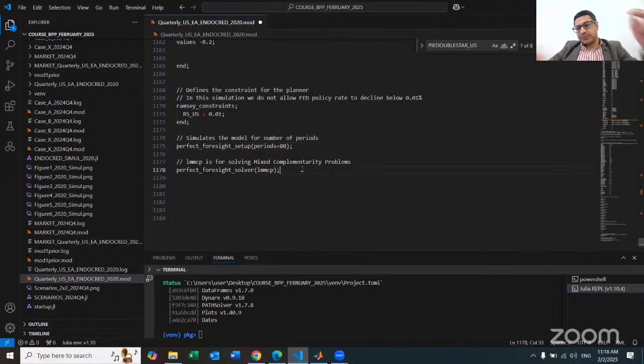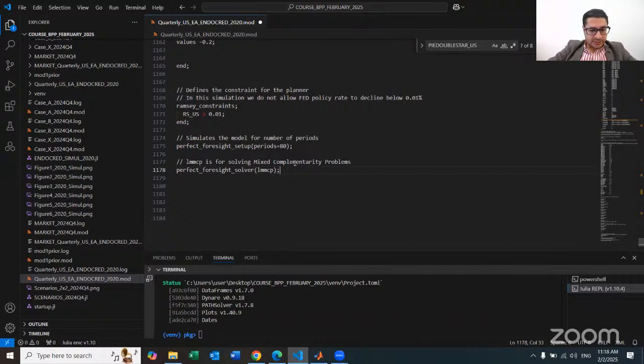LMMCP is for mixed complementarity problems. So our setup is a mixed complementarity problem. That's why we need to put this LMMCP. There are other solvers as well. For some models, you don't even need to define the perfect foresight solver. It takes some default solver, but not for a mixed complementarity problem. But it can solve nonlinear models.